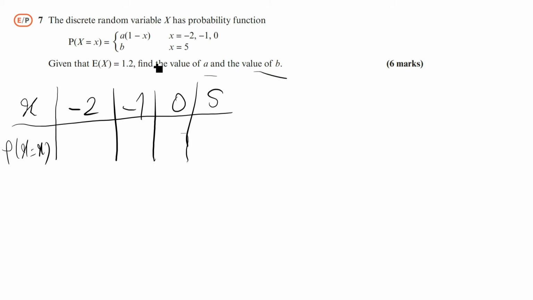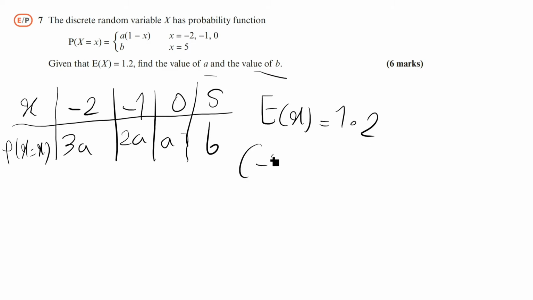So here 1 minus 2 is 3 times a, which will be 3a, and here 1 minus 1, this is 2, and here will be 2a, and again here will be 1 minus 0 times a, and here is b.